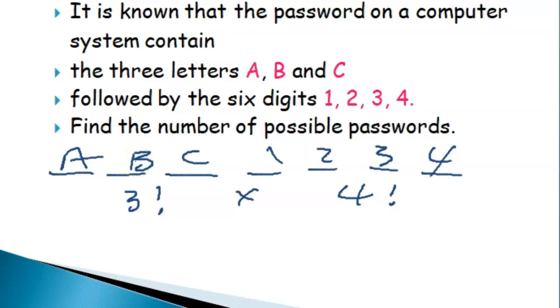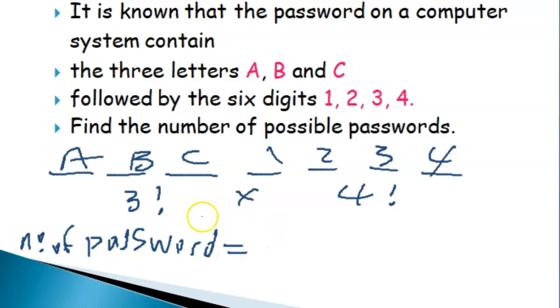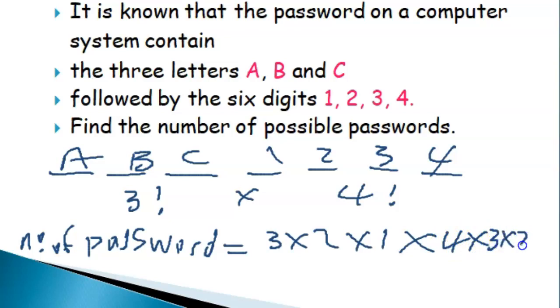So 3 characters, 3 factorial. And the password should be completed using the digits 1, 2, 3, 4, 4 characters, and there are 4 factorial ways of arranging these. So the number of passwords we can get, if the passwords must begin with ABC and end with 1, 2, 3, 4 in whatever order, is 3 factorial, that's 3 times 2 times 1, times 4 factorial, that's 4 times 3 times 2 times 1.